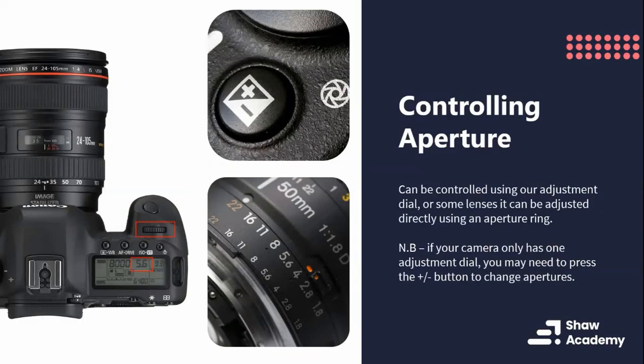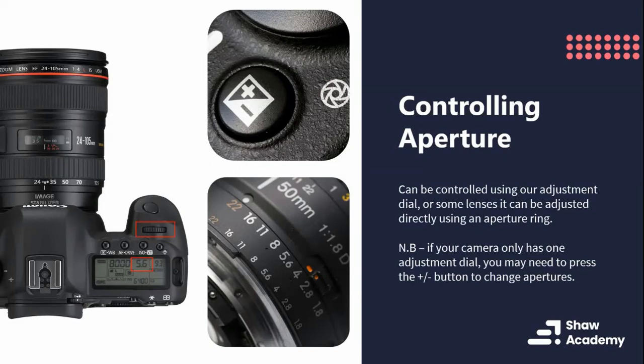Okay, so we can control aperture in a number of different ways. Typically on our DSLRs, it's going to be one of the adjustment wheels that we can use for specifically controlling aperture. If you only have one adjustment wheel available to you, you may need to press that plus and minus button that you can see there. It has a little aperture symbol beside it.